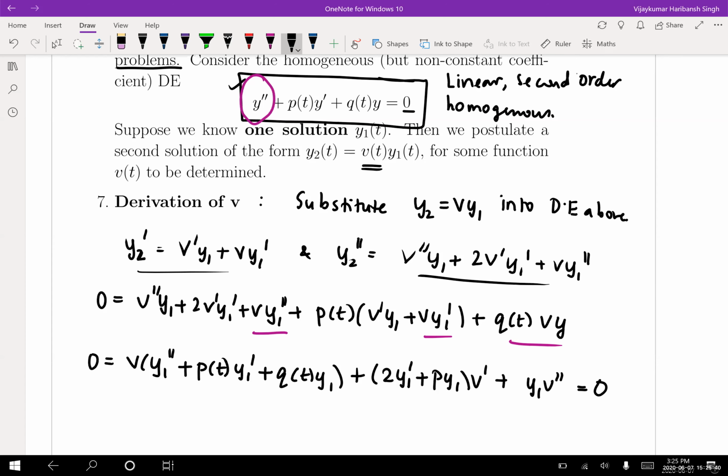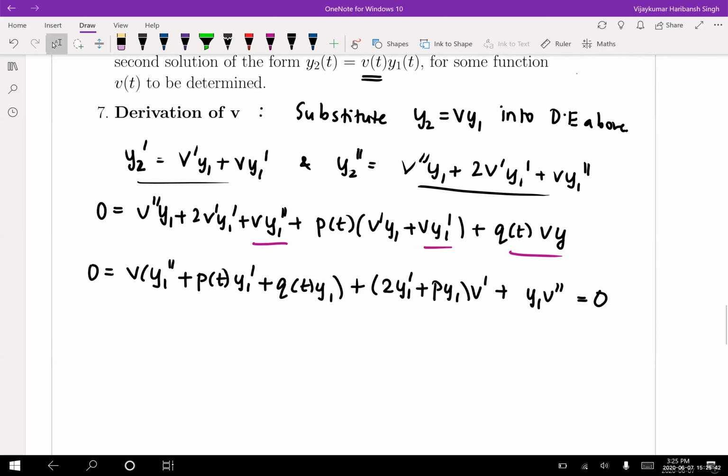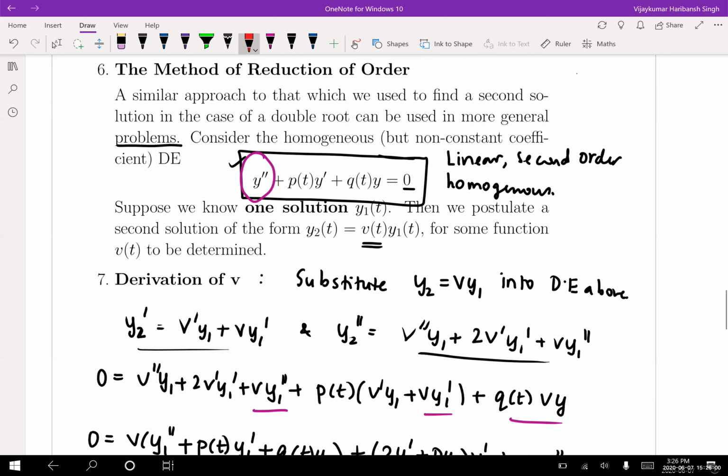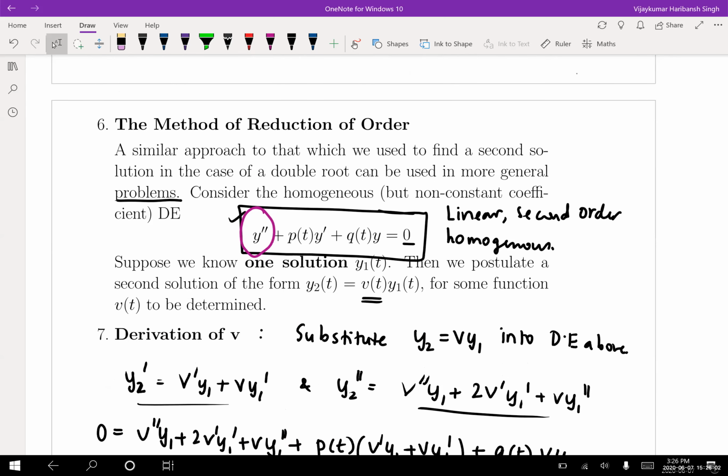Now this part is equal to 0, because we started with y1 as a solution, so y1 satisfies this equation.